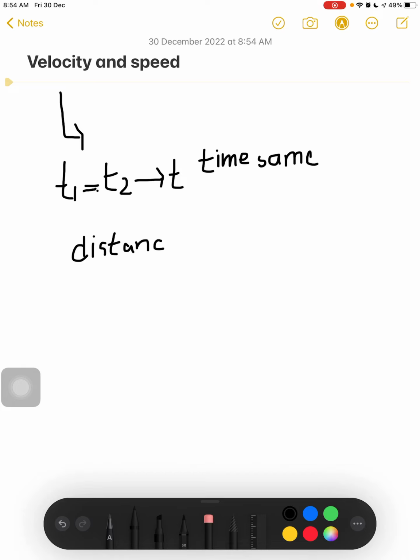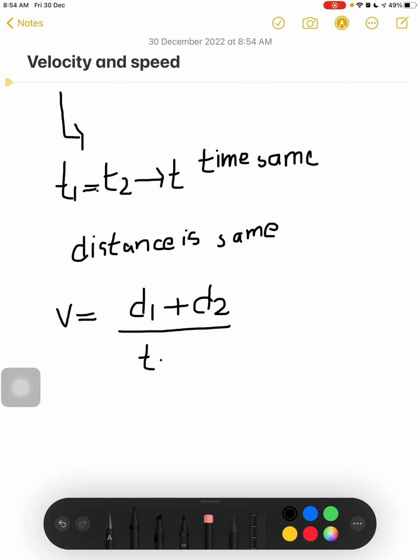When the distance is same, we have the formula v is equal to d1 plus d2 upon t1 plus t2. This is a formula of velocity.